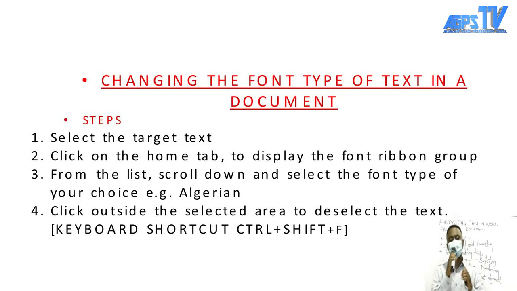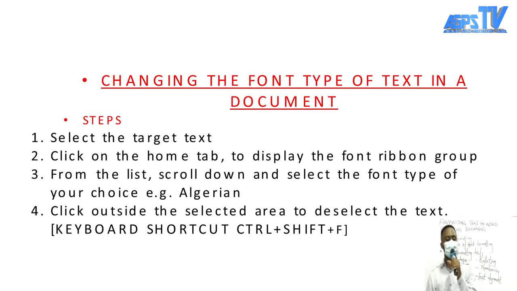The target text here means the text you want to change the font type. You might have a whole page full of text, but maybe need to change just a portion of it. That is why I say target text. And if you want the entire text, you select the entire page. So it will depend on your preference.